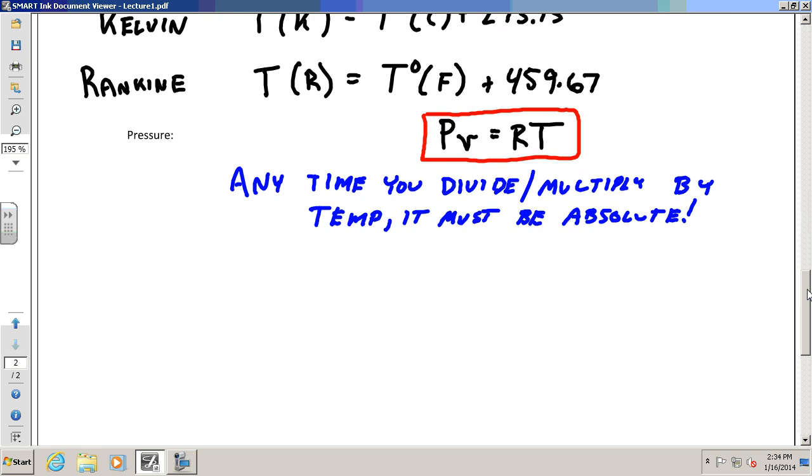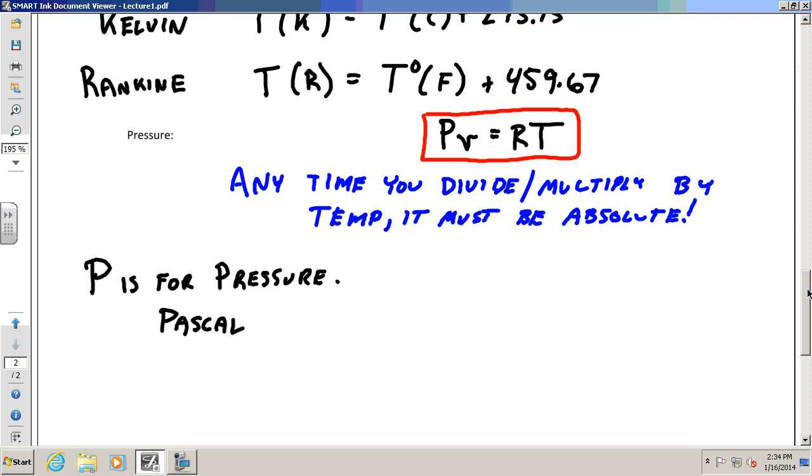All right. Now, speaking of PV equals RT, the first letter in that thing, P, is for pressure, right? So let's talk about pressure for a second. The most basic unit of pressure is what we call the Pascal.